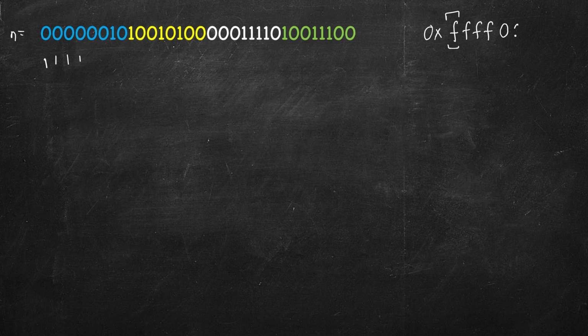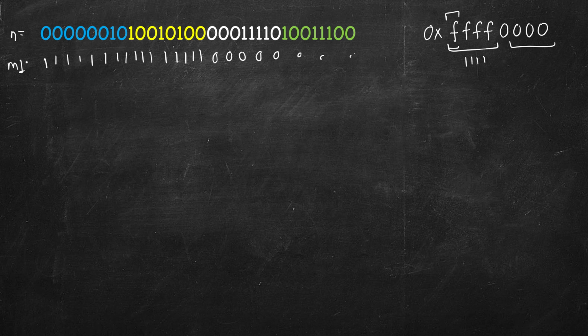0xFFFF0000, so this means 16 bits are 1, 16 bits are 0. So this is mask 1, call it M1. Take the AND of these two, what will happen?